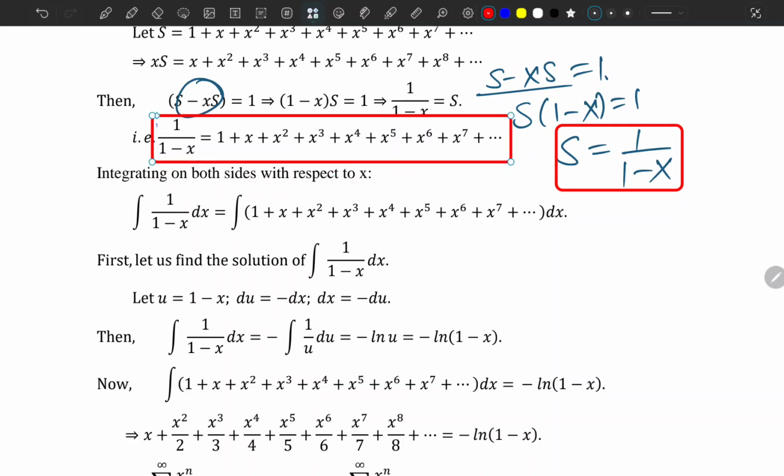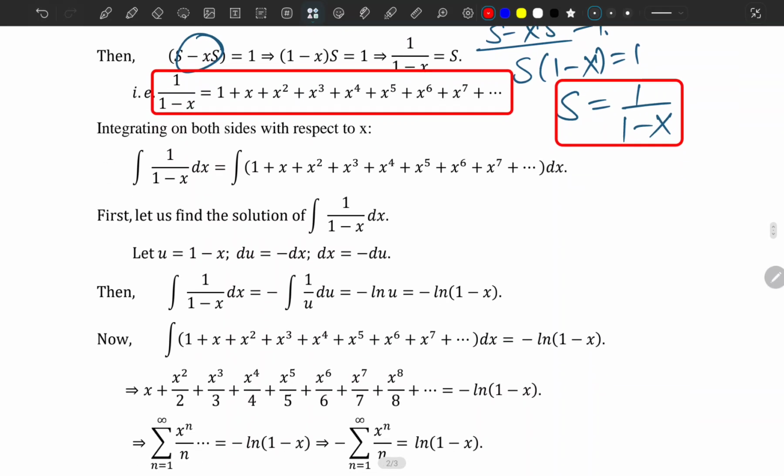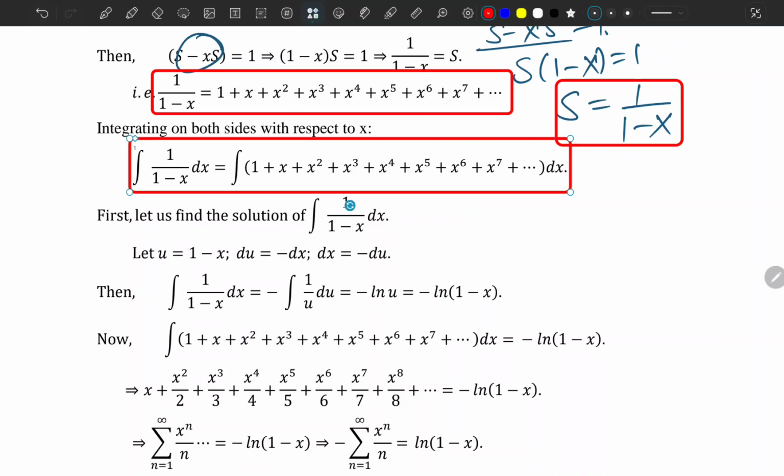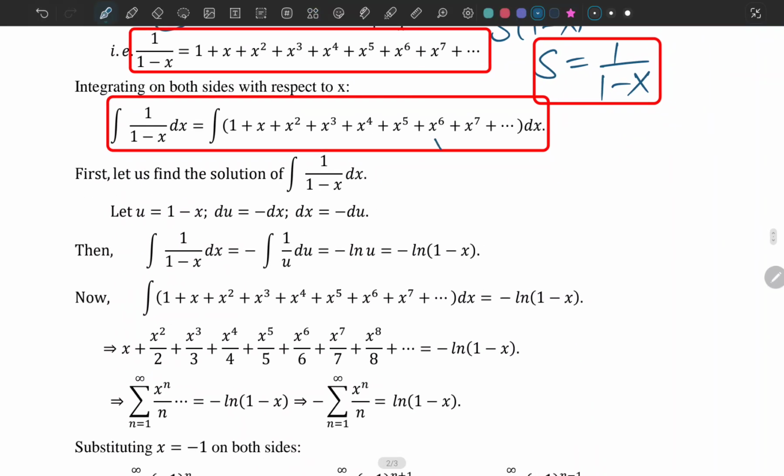Now we are going to integrate both sides with respect to x as we did here. Now you can use the separate integration in all cases, and the integral of this one is ln of 1 minus x with a negative sign outside.